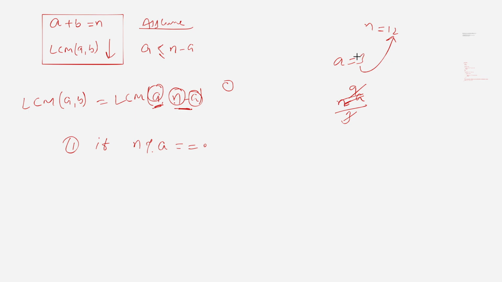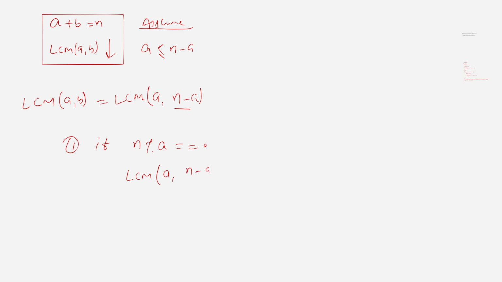Okay, so now see, if n is divisible by a, can I write this a comma n minus a, where n minus a can also be written as a times k, that is by multiplying k we will get this number.